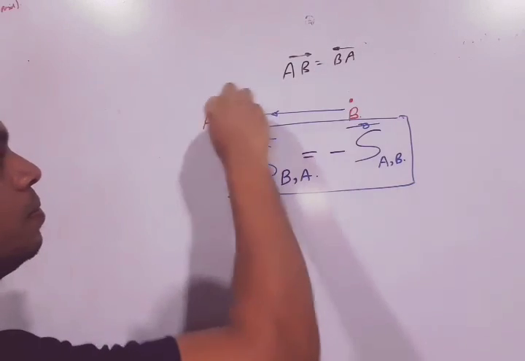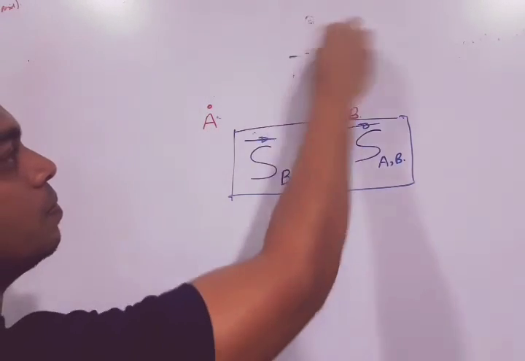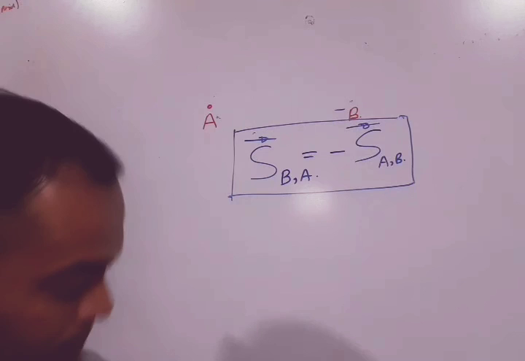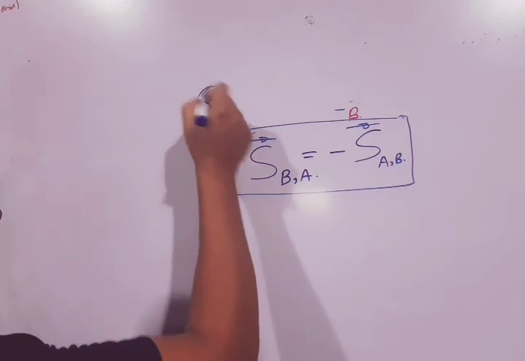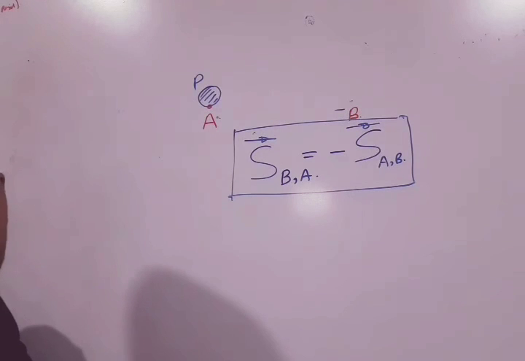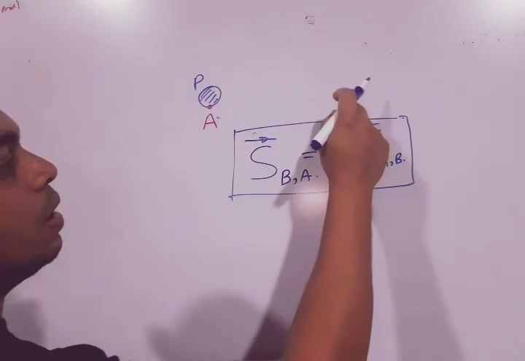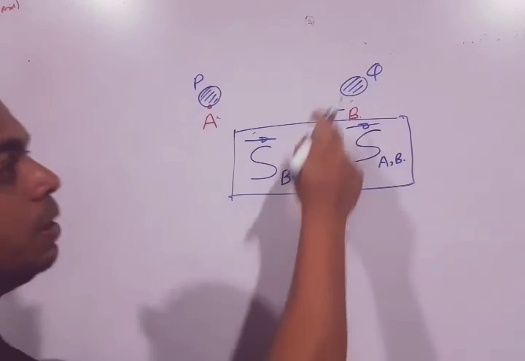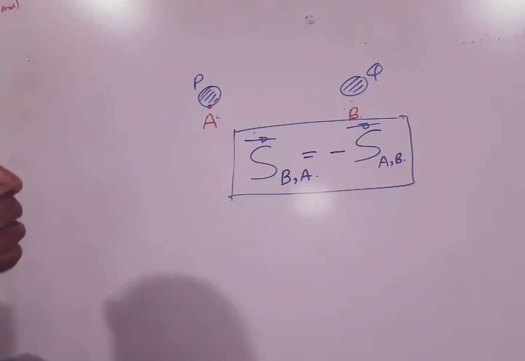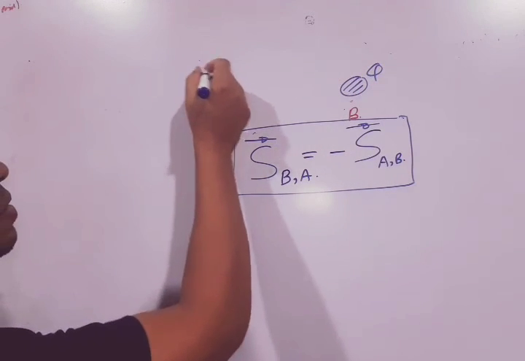Now suppose there's a particle P at A and there's a particle Q at B. They both have certain velocities.